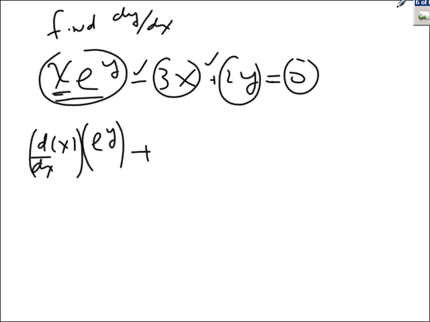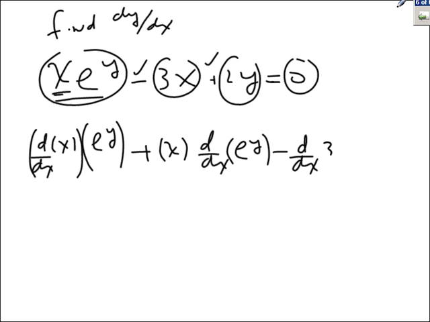Plus, this is the product rule, it's just x times the derivative with respect to x of e to the y. Okay. Minus the derivative with respect to x of 3x plus the derivative with respect to x of 2y. And this is going to equal the derivative with respect to x of 0.